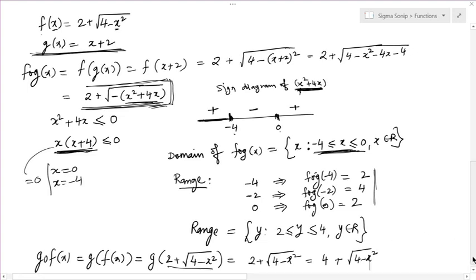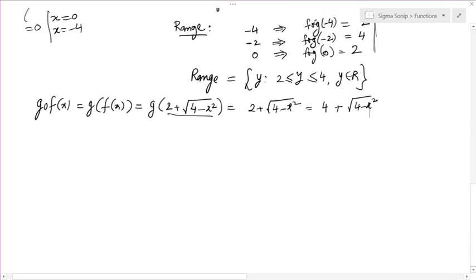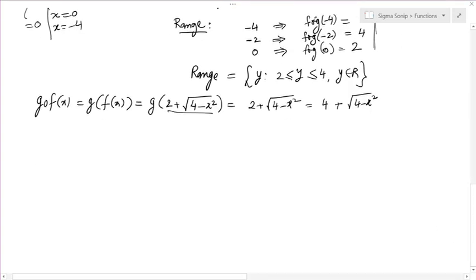Finding its domain and range would be a bit easier if you look at it. To find the domain, we just need to look at the values of x which make this 4 minus x square positive.